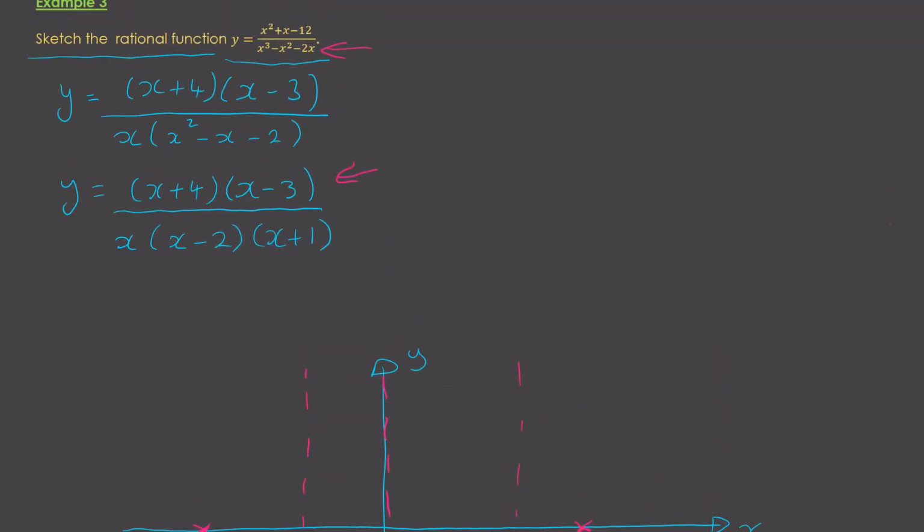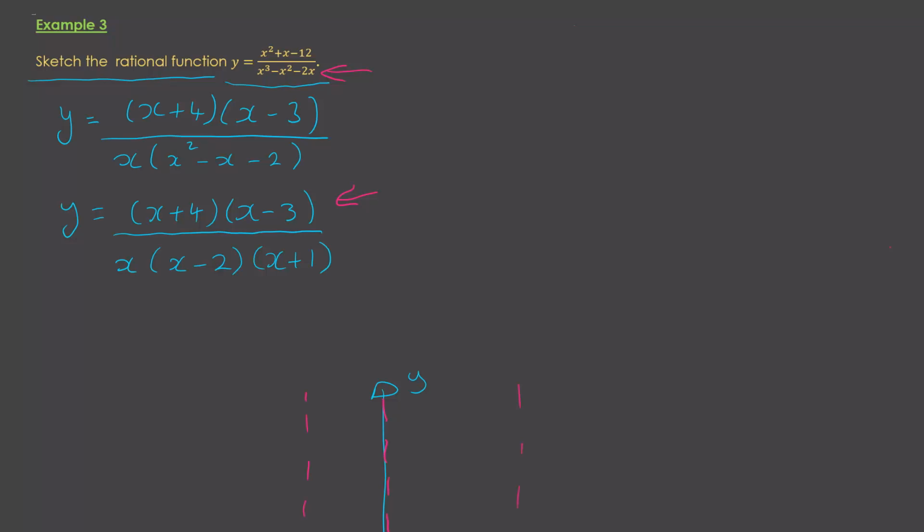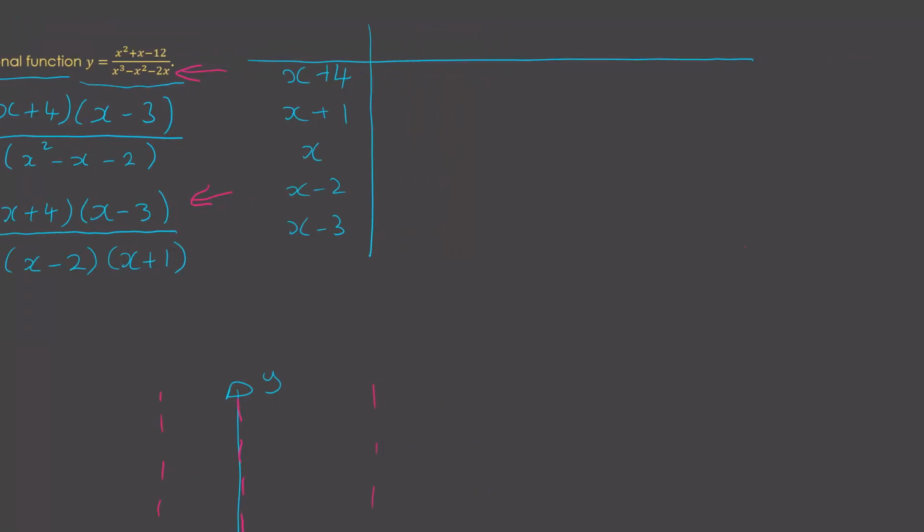So let's think about the parts that make up the graph, the factors. We've got x plus 4, x plus 1, x minus 2, and x minus 3. Now, what we can do is think about what happens in different regions. So we have to the left of negative 4.